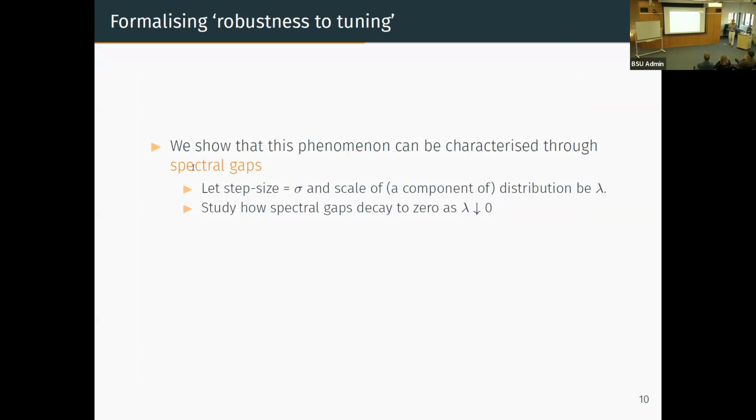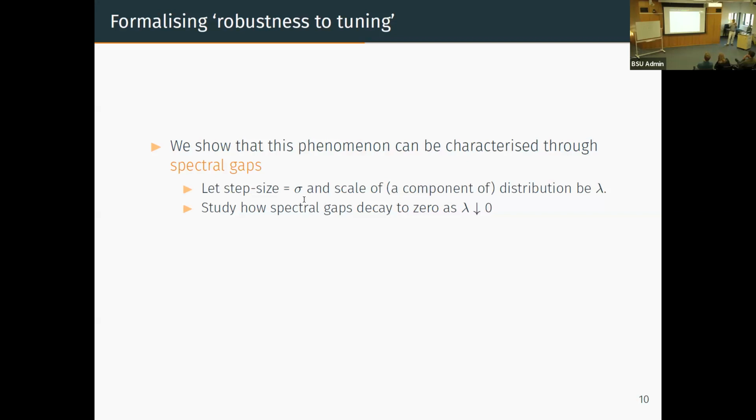We did formalize this argument a little bit in terms of spectral gaps. Spectral gap is a generic measure of how fast a Markov chain mixes. Bigger spectral gap is better. Basically, we chose a fixed step size for our distribution, but we made the scale of the distribution, like the marginal variances, get really, really small, which means the choice of step size is getting increasingly too large.